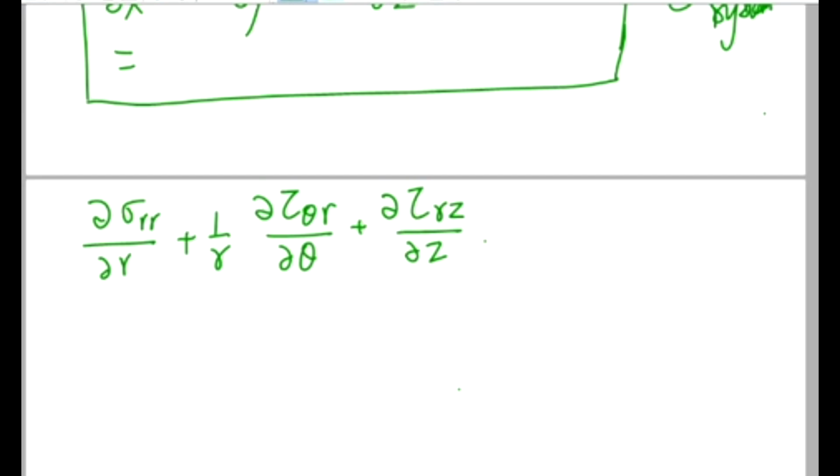So these are the usual terms, but then you also had an extra term, sigma rr minus sigma theta theta over r, right? Plus the body force in the radial direction, and that's equal to density times acceleration in the radial direction. Likewise, you also had an equation in the theta direction and then in the z direction.